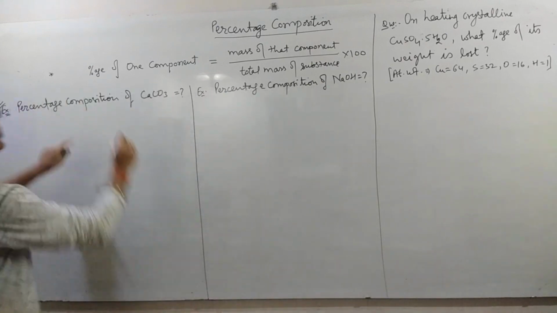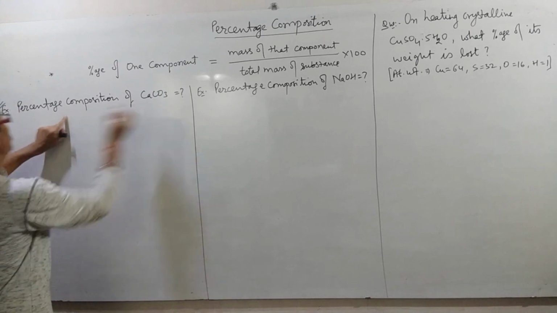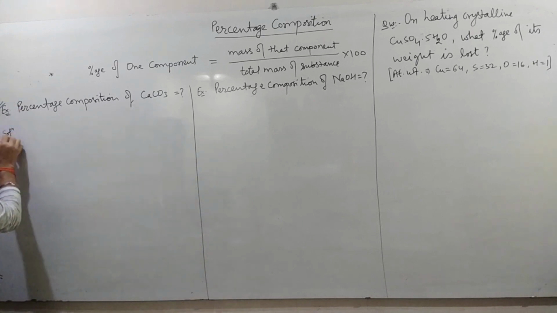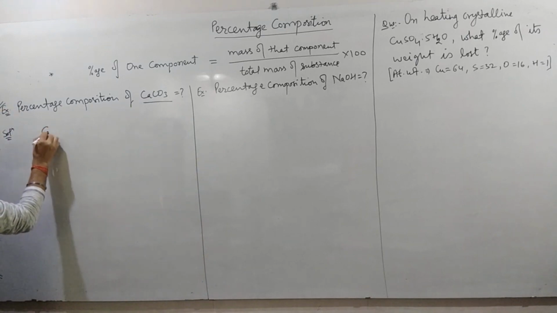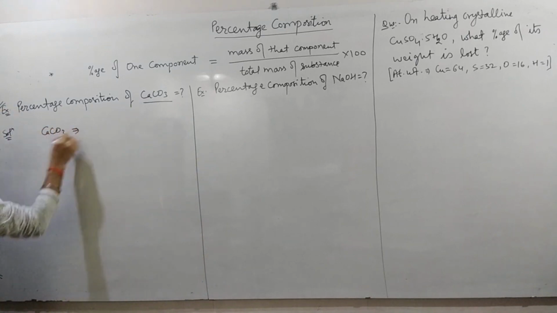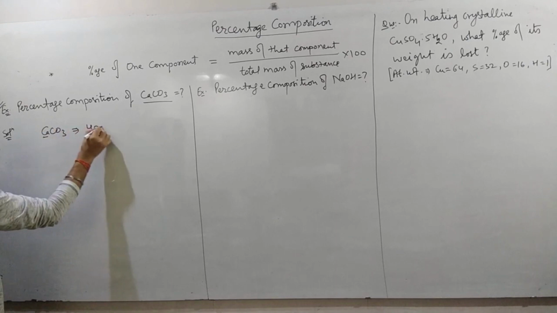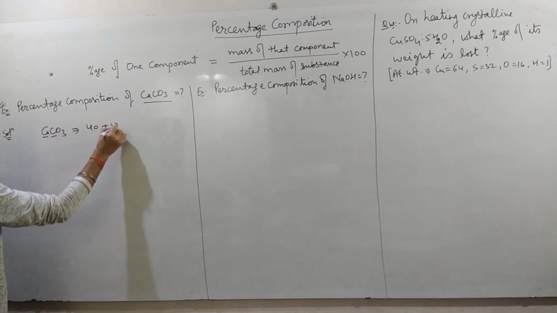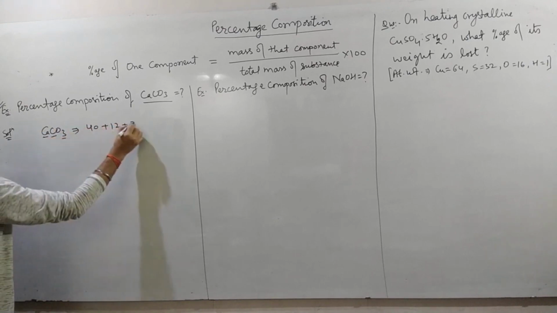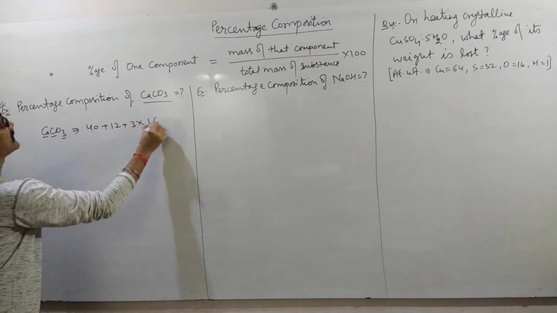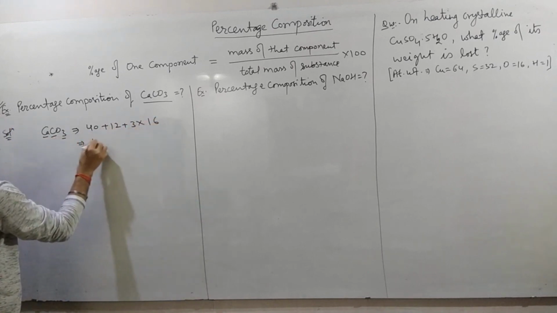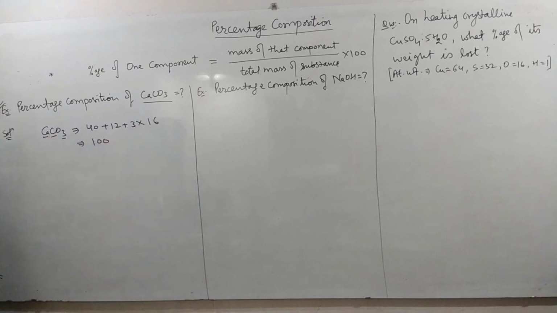To find the percentage composition, first of all, we need the molecular mass of CaCO3: calcium 40, carbon 12, 3 atoms of oxygen with atomic mass 16 each, so it is 100.